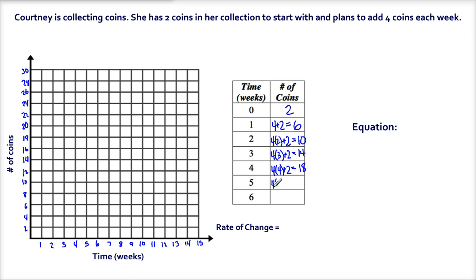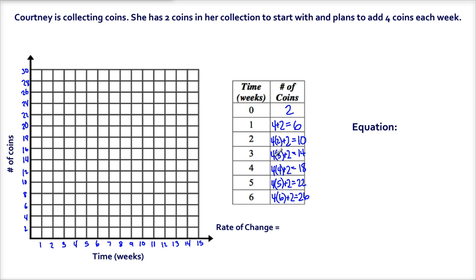Then we have 4 times 5 weeks have passed now, plus the 2 we started with is 22. 4 coins per 6 weeks now, plus the 2 she started with, and that gets us up to 26.